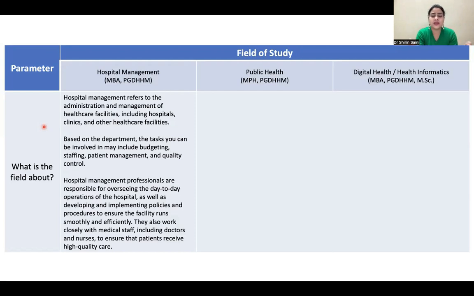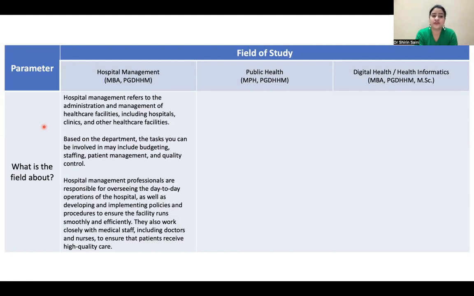Managing all of these is what hospital management is all about. Based on the department, the tasks you can be involved in may include budgeting, staffing, patient management, quality control. If I have to bucket into two areas, this is hospital operations and quality management of the hospitals.